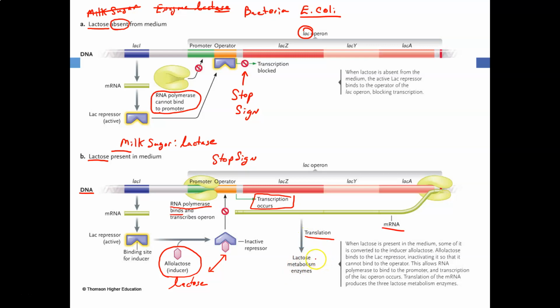And so with that, you're going to be able to go ahead and create, eventually, the enzymes called lactase that will allow you to break down and metabolize lactose sugar. When I say you, I'm talking again about the E. coli bacteria in your gut. So that's what we get with this lactose.